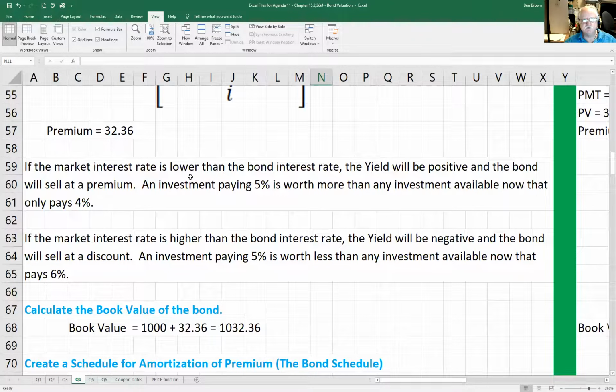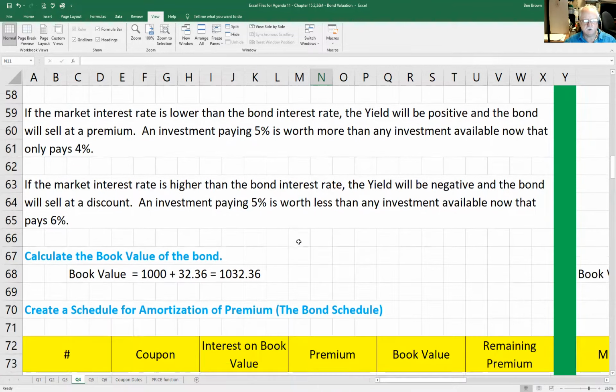If the market interest rate is lower than the bond interest rate, the yield will be positive and the bond will sell at a premium. An investment paying 5% is worth more than any investment available now that only pays 4%. If we go in the other direction, if the market interest rate is higher than the bond interest rate, the yield will be negative and the bond will sell at a discount.